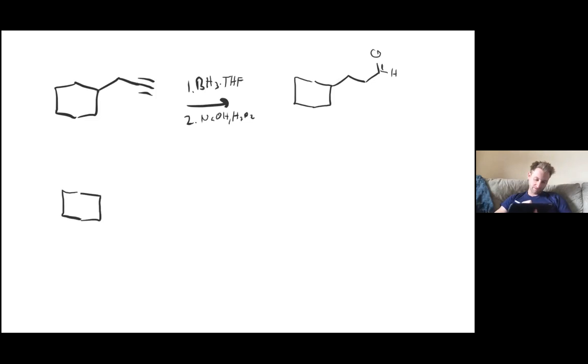If we have a non-terminal alkyne, so up top we had a primary and a secondary center, in peroxide we're going to end up adding to this primary center.